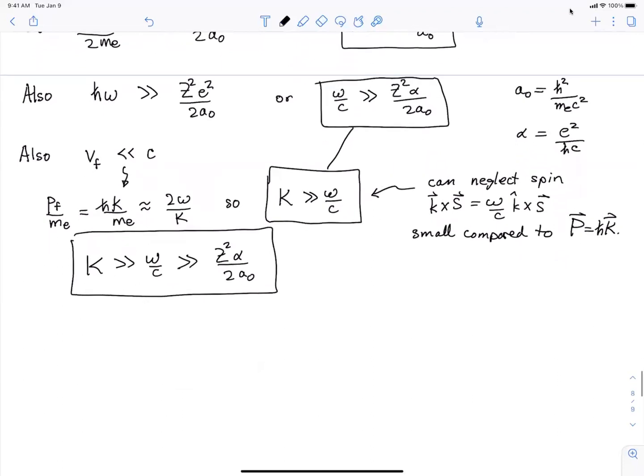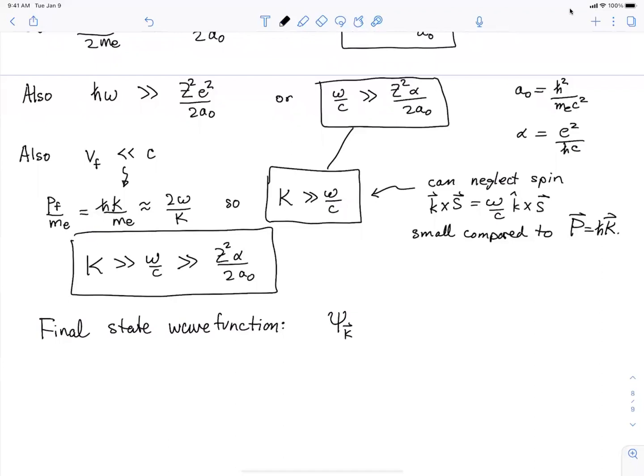All right, so another thing we have to worry about now is the final state wave function, because it's not normalizable. And so we're going to do a very standard trick to get around that. So what do I mean by saying it's not normalizable?